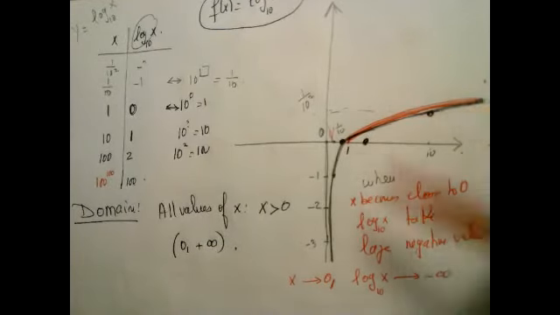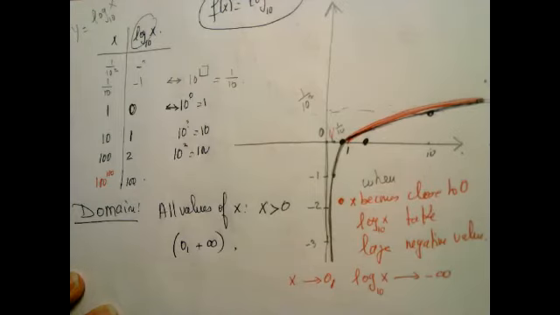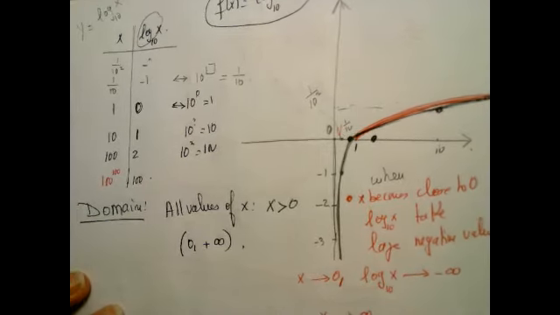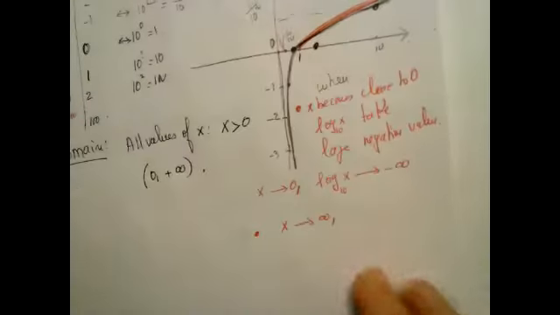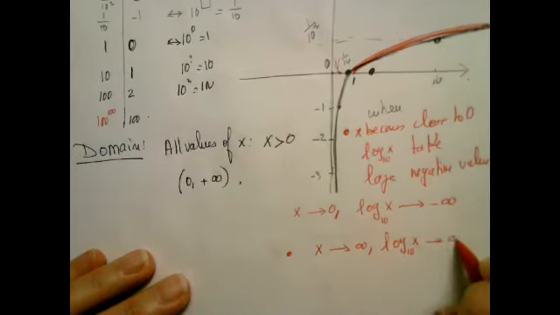What are two things about it? The other important thing about it is that when x takes large positive values, when x becomes close to plus infinity, the function itself takes large positive values.